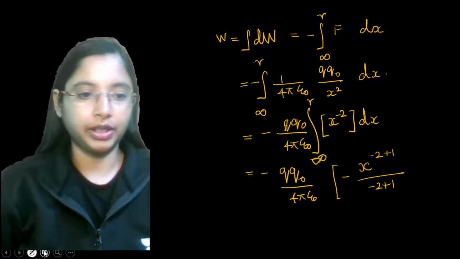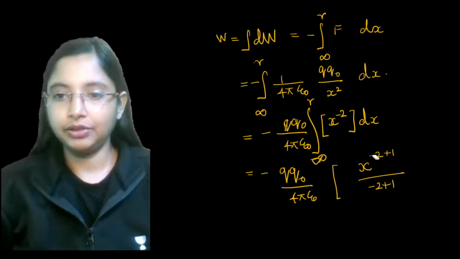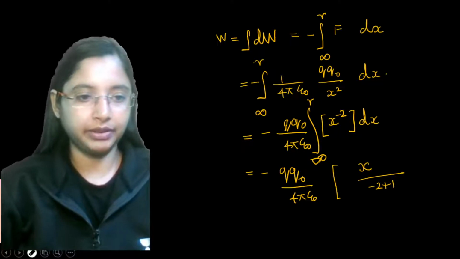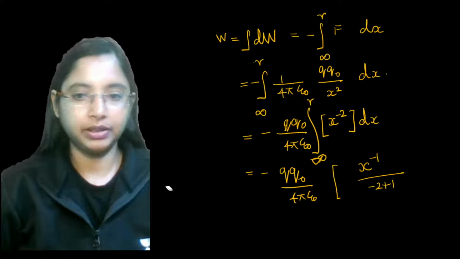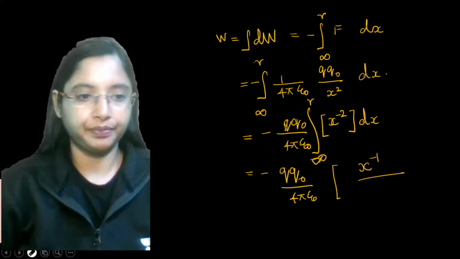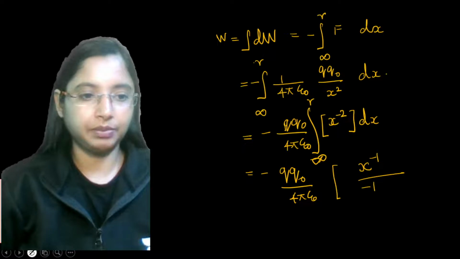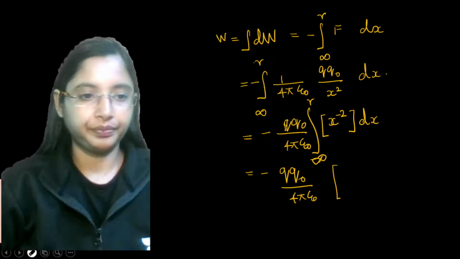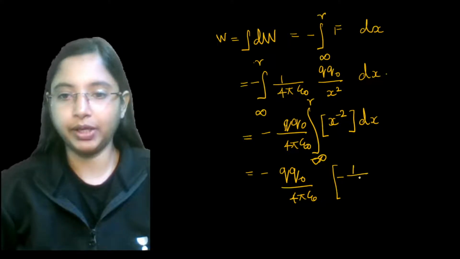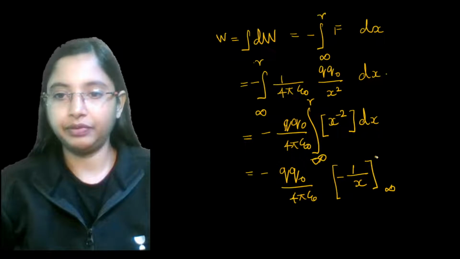Minus 2 plus 1 is minus 1, so you can take the minus sign outside, and you'll have 1 by x, since x to the power of minus 1 is 1 by x, within the limit infinity to r.